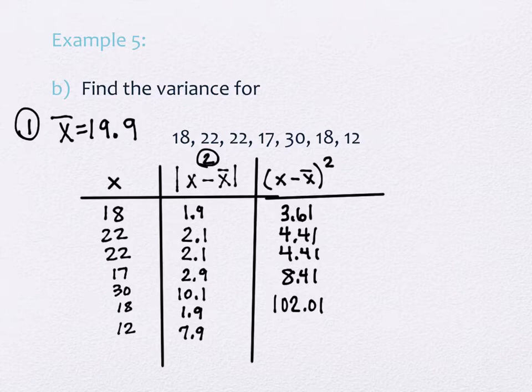I've got another 1.9, so I've got another 3.61. And then I have the 7.9, which is 62.41. Sorry, I'm off a little bit in how big I wrote things, but they're all there. Okay, so that's step 3 on that list of things to do.